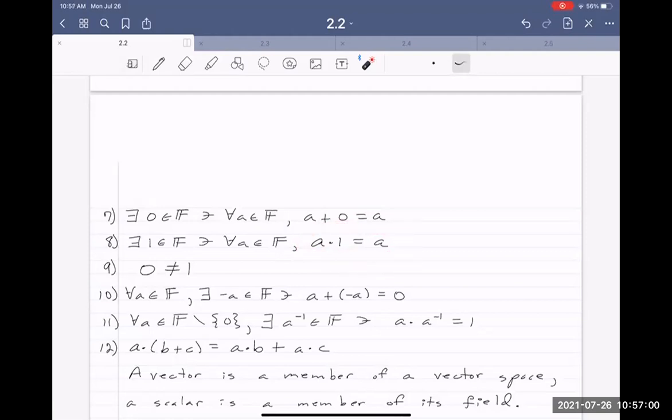Since it's both a right and left sided identity, we can just call it the multiplicative identity.